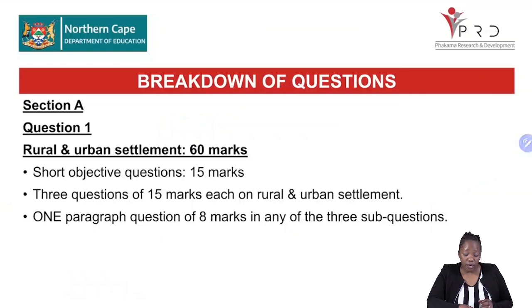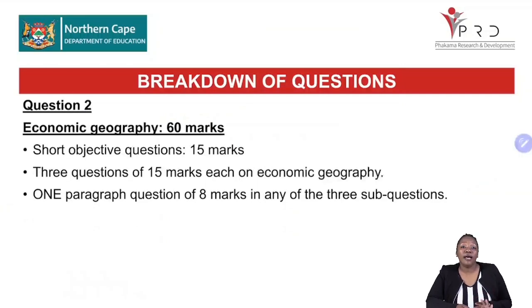Then your high questions, which are your long questions, you should expect your 3 times 2, as well as your paragraph question, whereby you need to give 4 responses. Amongst those 3 questions, you will have 1 question that will be a paragraph question. The rest will be your 3 times 2 as well as your 2 times 2 questions. That's your question 1. Then after, you move to your question 2.